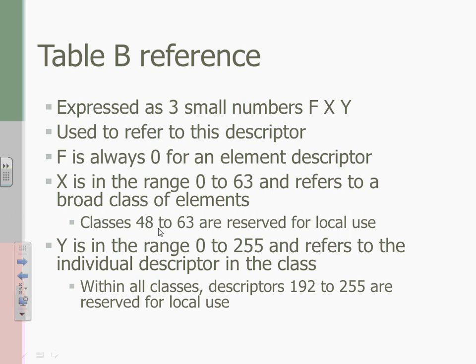Classes 48 to 63 are reserved for local use. Y is in the range 0 to 255 and refers to the individual descriptor in the class. Within all classes, descriptors 192 to 255 are also reserved for local use.